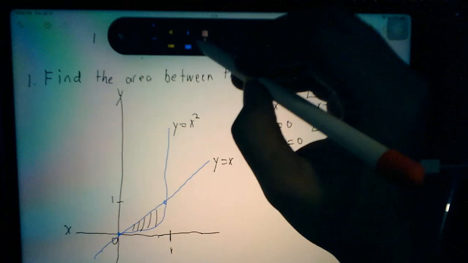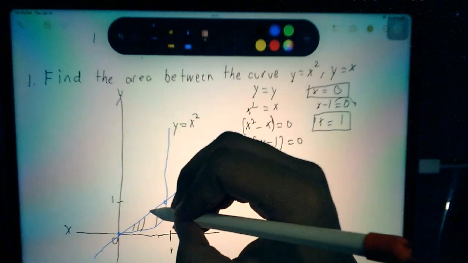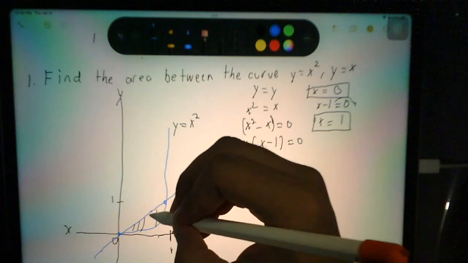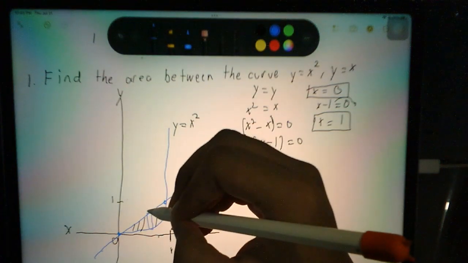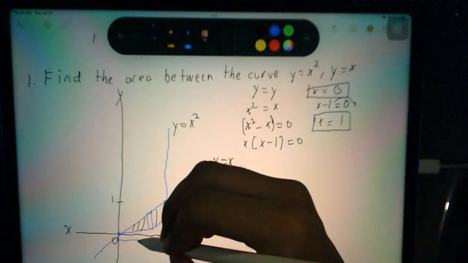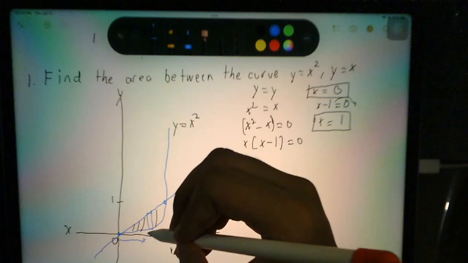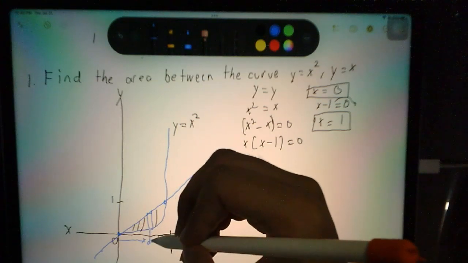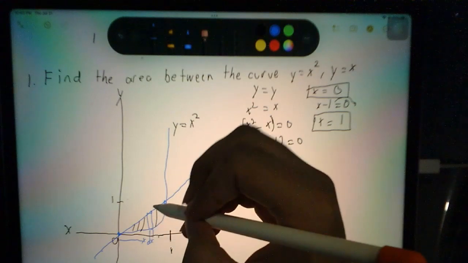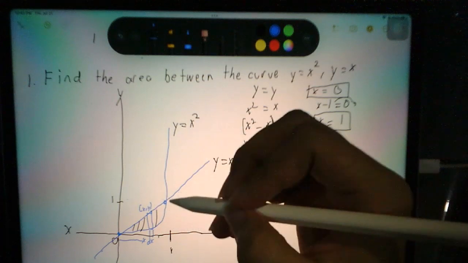So by plotting a vertical strip here, this is our point. So vertical strip, this is x, and this is our dx, and this is x and y.